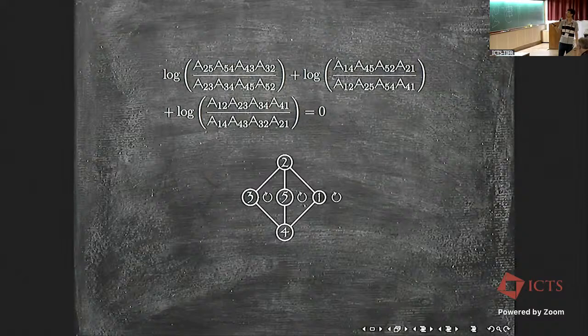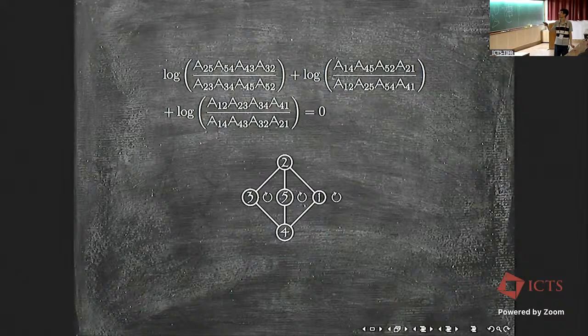You can see here the cyclic products, right? Then you can easily see that the log of this one plus the log of this one plus the log of this one is 0. Previously I explained the cyclic products.